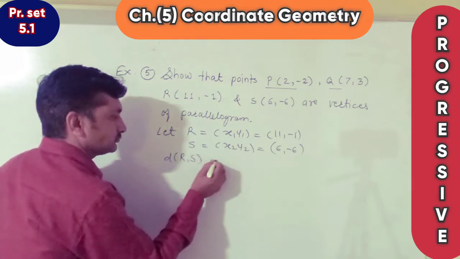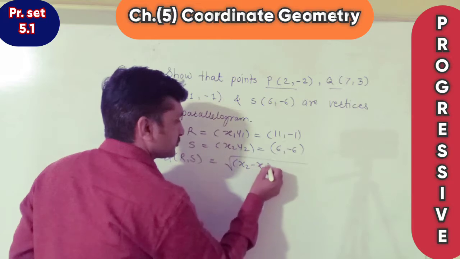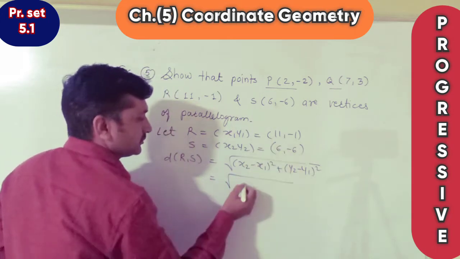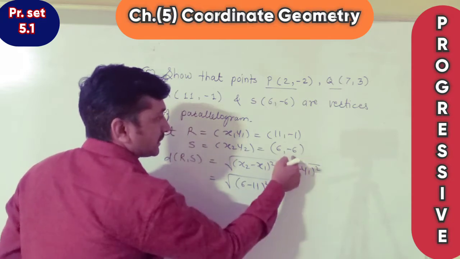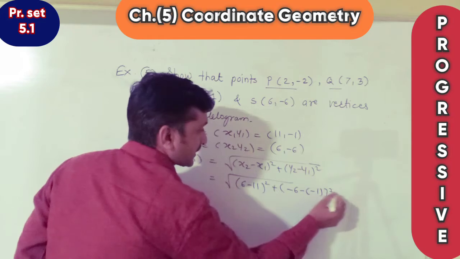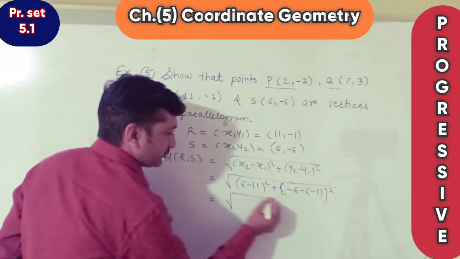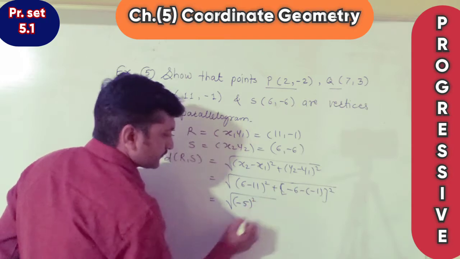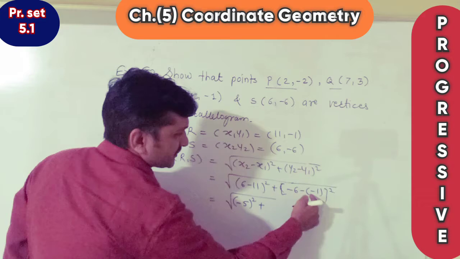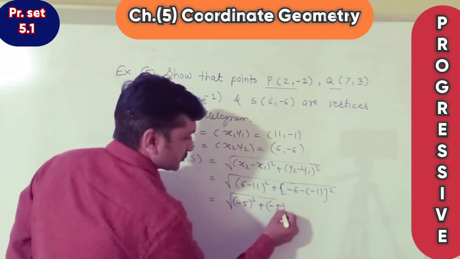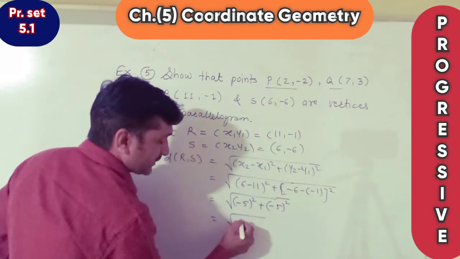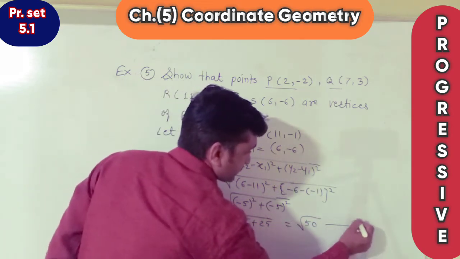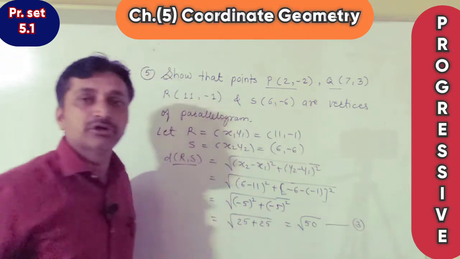Distance RS is equal to the square root of (x2 minus x1) squared plus (y2 minus y1) squared, which is the square root of (6 minus 11) squared, that is (-5) squared, plus (-6 minus (-1)) squared, that is (-6 plus 1, which is -5) squared. This is the square root of 25 plus 25. The value is root 50, number 3. Distance RS is equal to root 50.